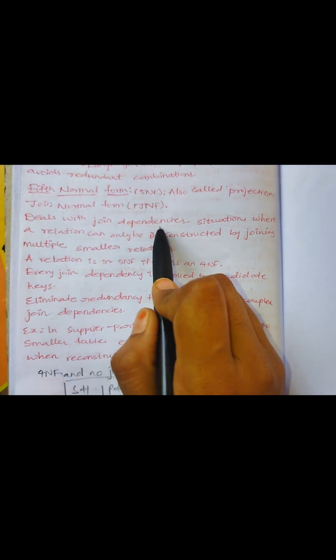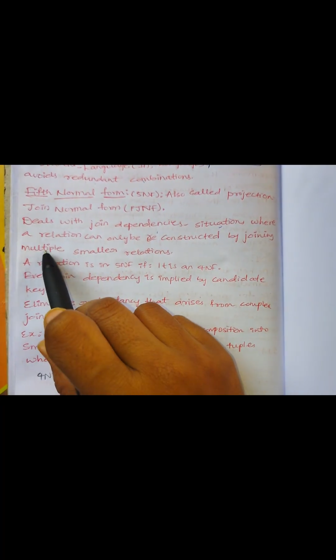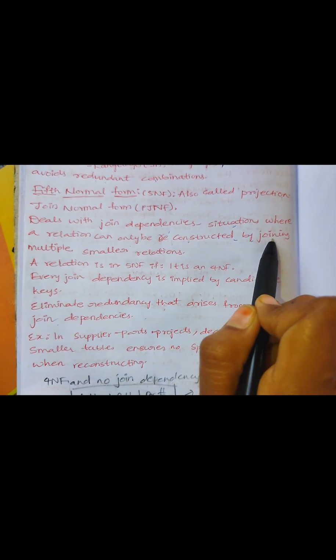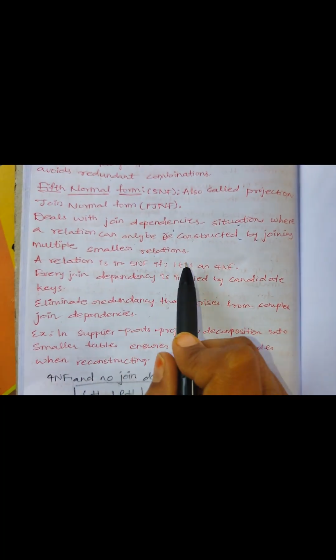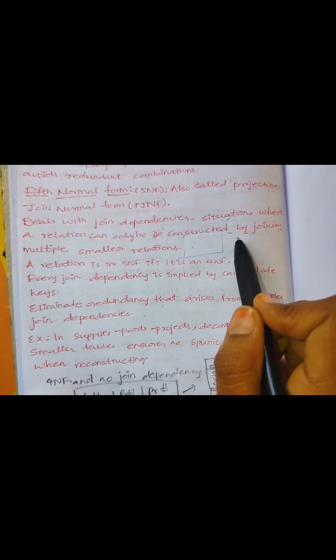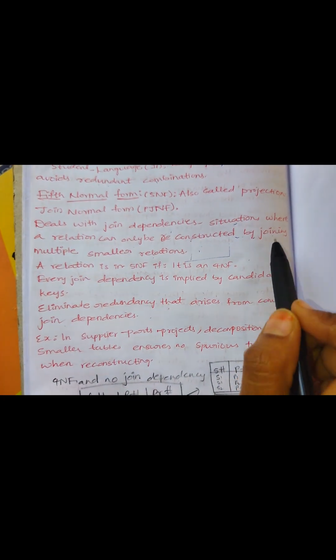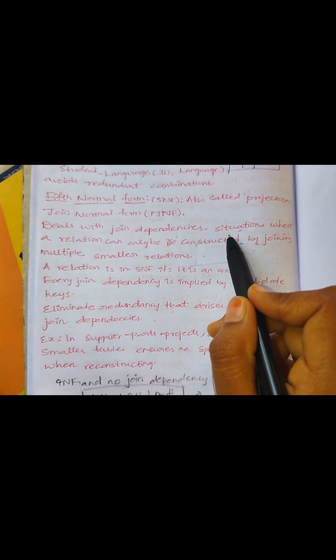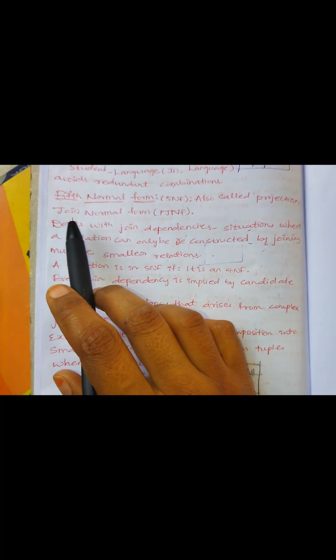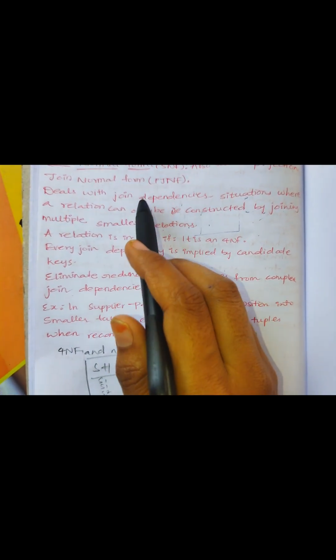It deals with join dependencies, situations where a relation can only be reconstructed by joining multiple smaller relations. One long table is there. After dividing the long table into smaller tables, after joining the smaller tables, we can reconstruct it into the bigger table. This is known as projection join normal form or fifth normal form.